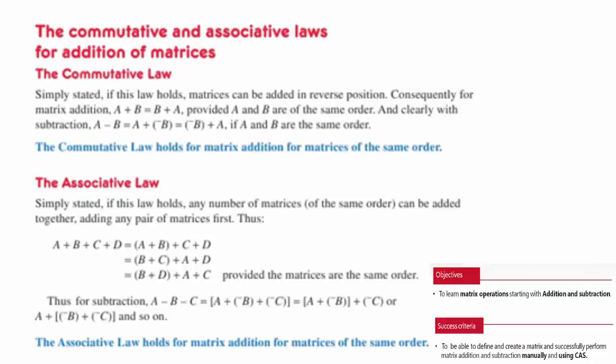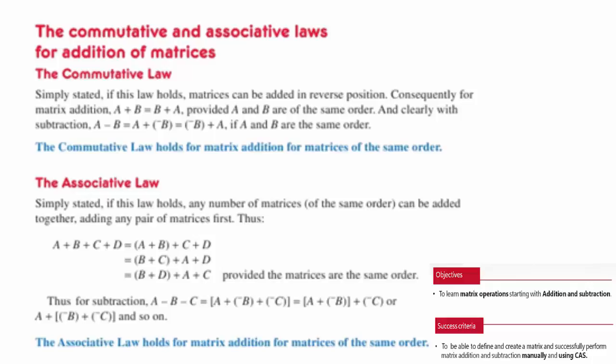Now, this is, as you've seen, like normal addition. So indeed, adding matrices is commutative. Whether we change the order of the matrices or not, we still add what's inside. So it is commutative. Now, for subtraction, we can say a minus b is the same as a plus, open bracket, minus b.